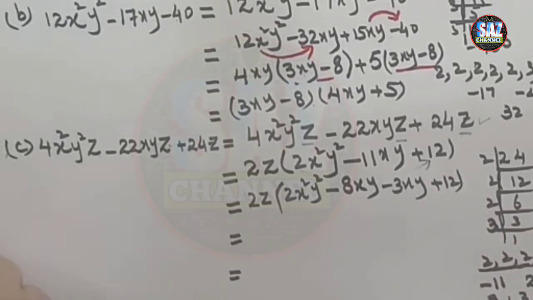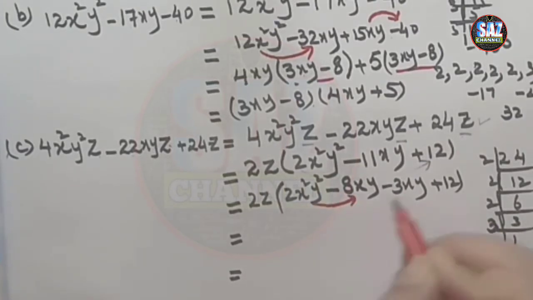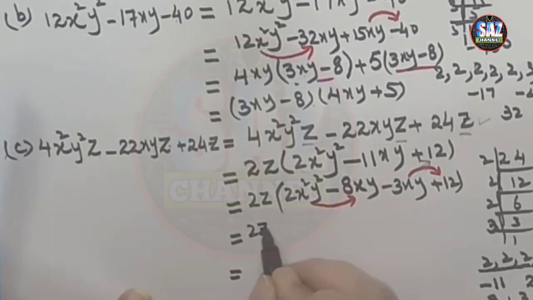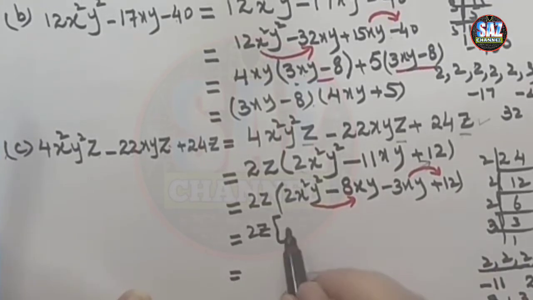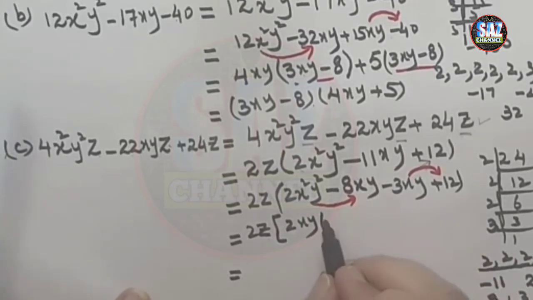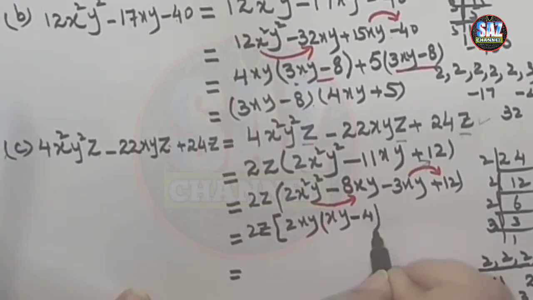Okay, now make the groups of like terms. So from the first group, 2z, 2 and xy will be out, and from the first place I will be left with xy, the minus sign will be as it is, and 4.